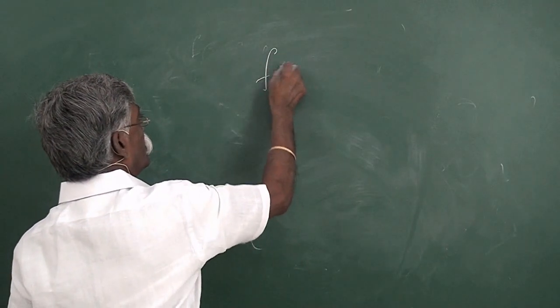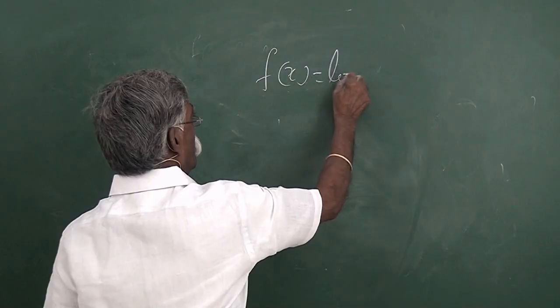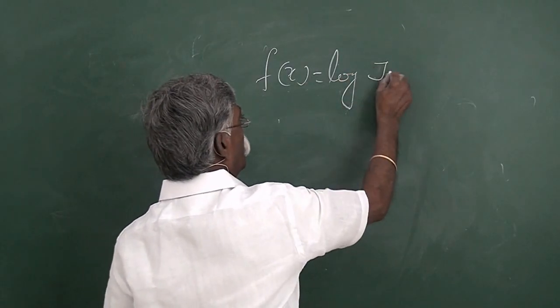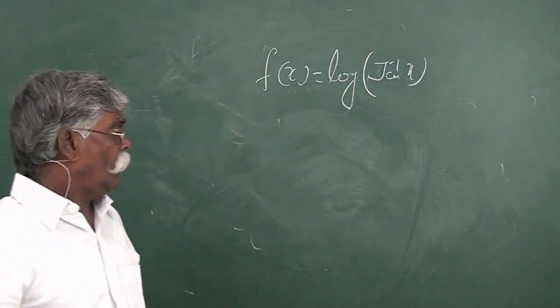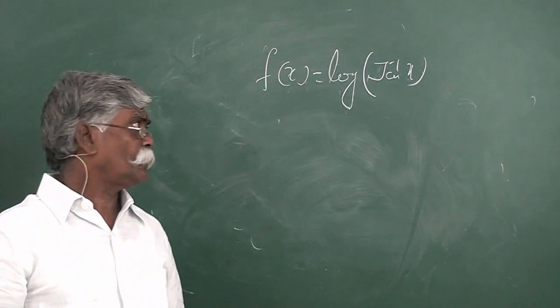f of x is equal to log of tan inverse x. Log of something should always be positive.